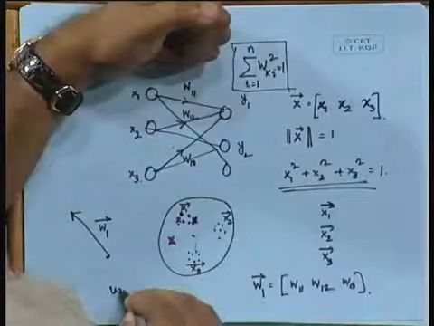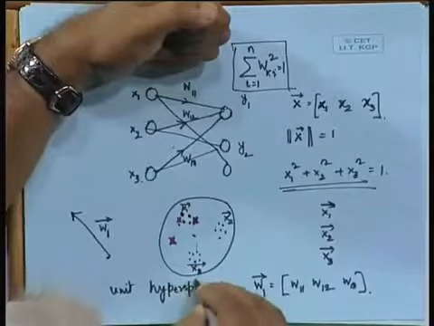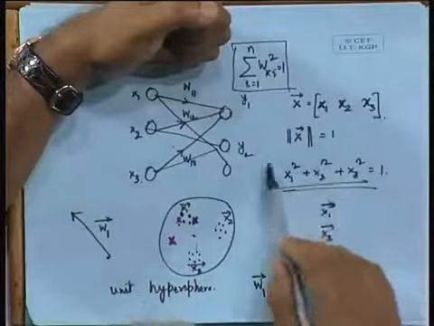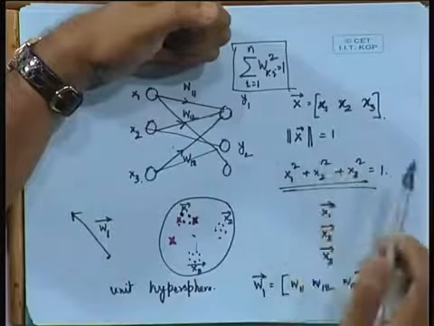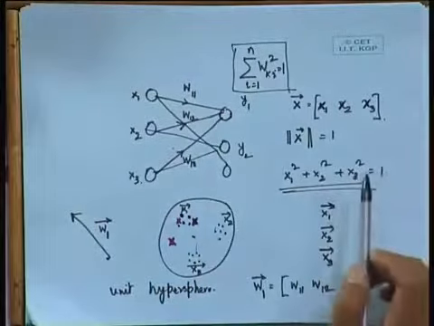So, in that case what will be the geometrical interpretation of that? Where will the patterns lie? On the surface of a unit hypersphere. This will lie on the surface of a unit hypersphere if we imagine that summation of xi square is equal to 1, which means that the magnitude of the input vector is equal to unity.